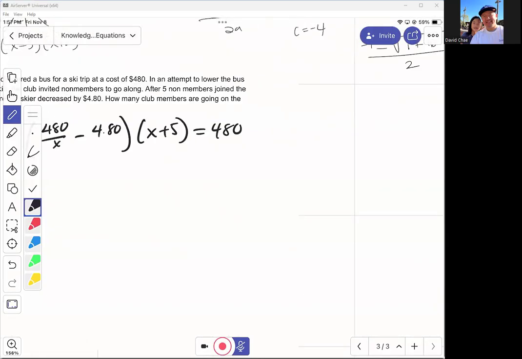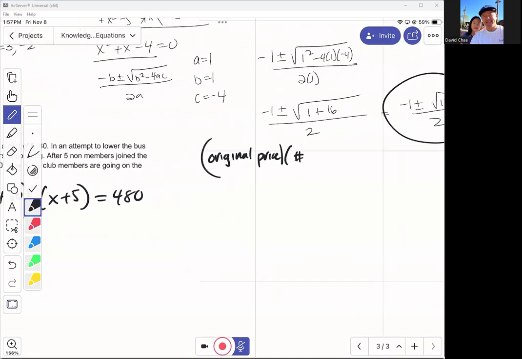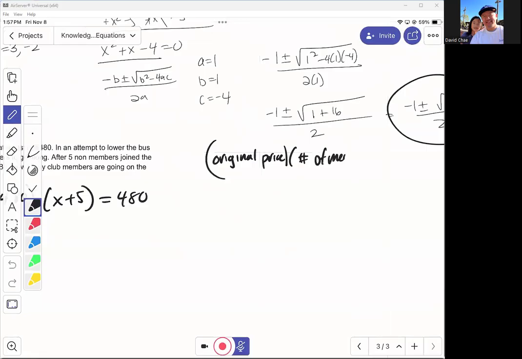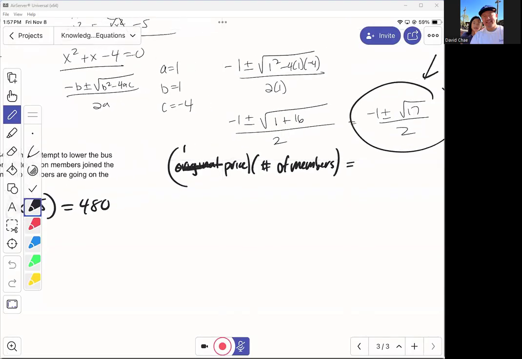Let's just say this is the price per person times the number of members equals total cost, right?